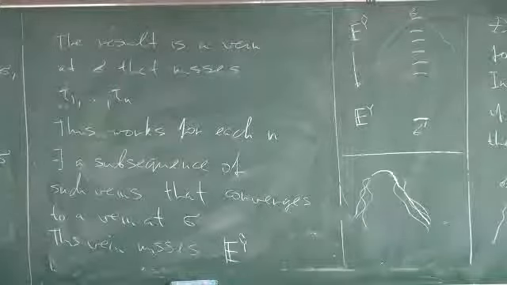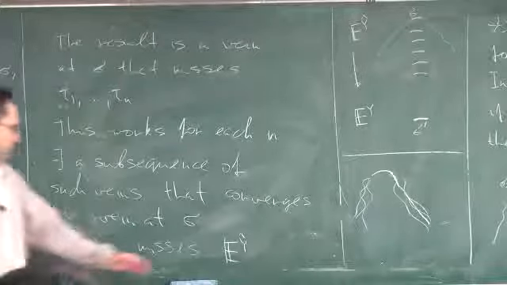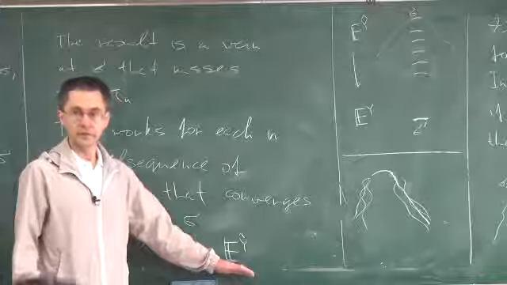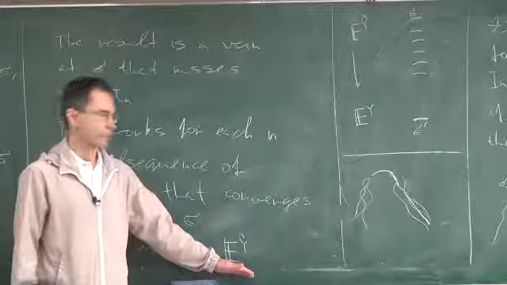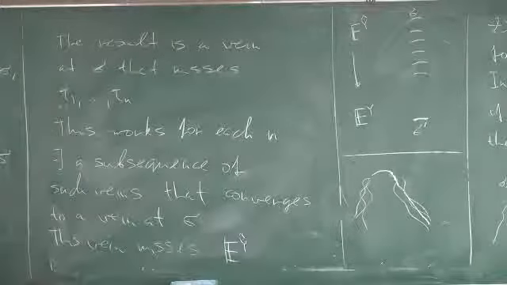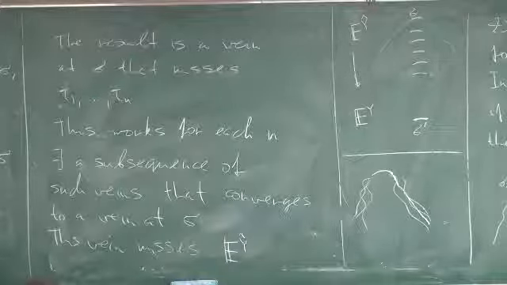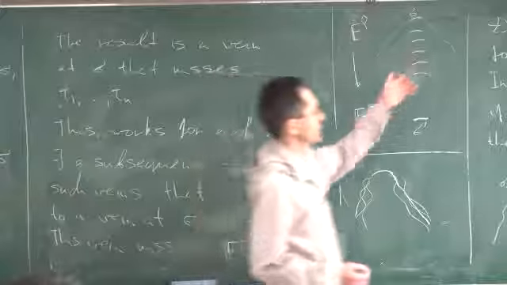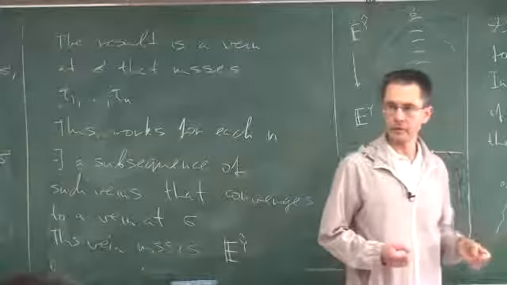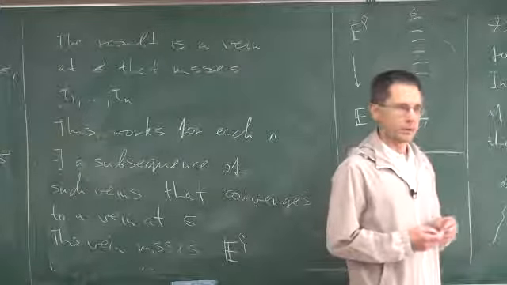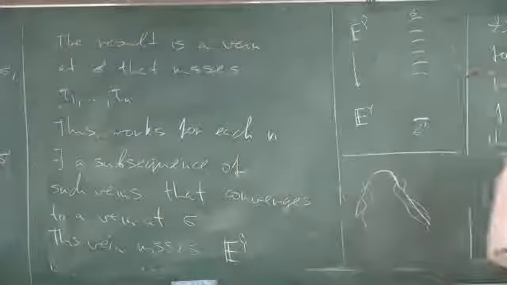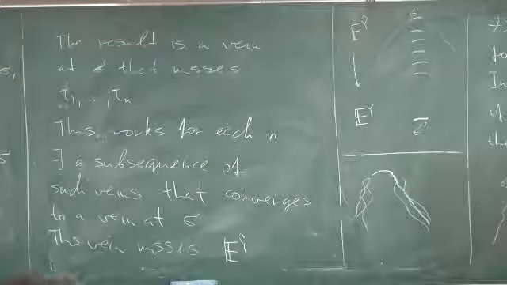So we constructed a vein at sigma which misses this. It means that this vein consists of edges that are order inessential. This proves the Deep Fall property for graphs. So if there is a vein in this set, then there is a vein in this set for sigma.